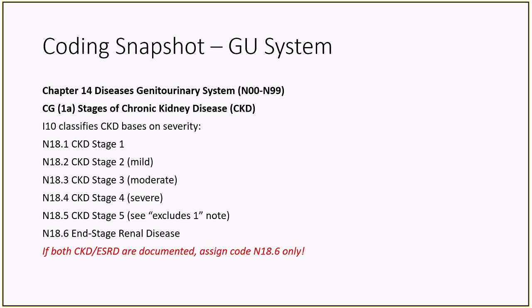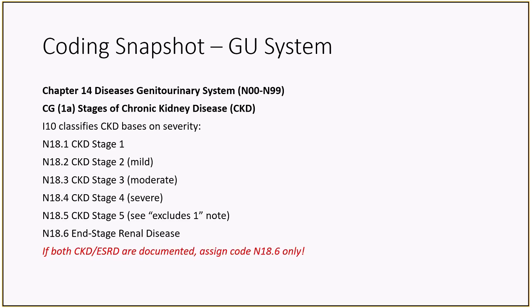So again, look at N18.5, Excludes1 note, and that's indicating to you that a patient with CKD stage 5 who also requires chronic dialysis is to be coded to N18.6 and Z99.2 and not N18.5.